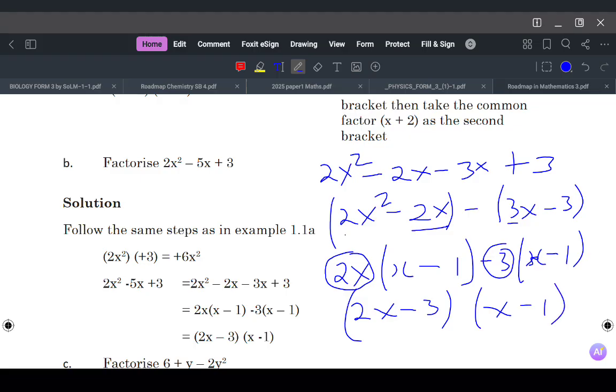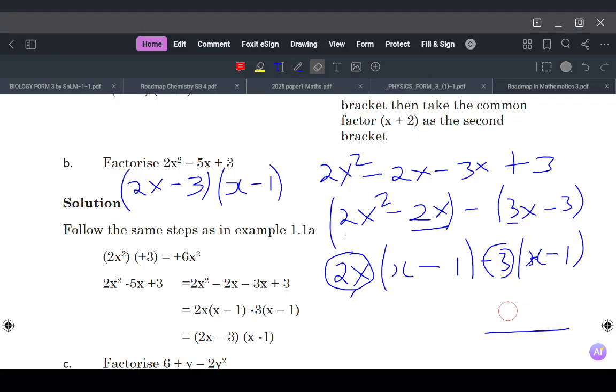All right, so the two terms, therefore, are these ones. When factorized, you shall have 2x minus 3 forming one bracket, and the x minus 1 forming another. Very, very important.